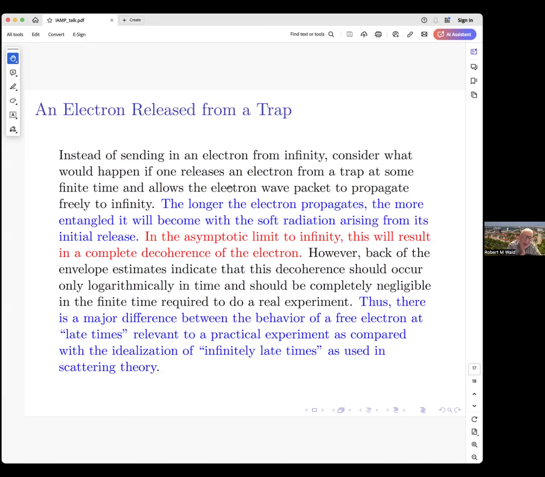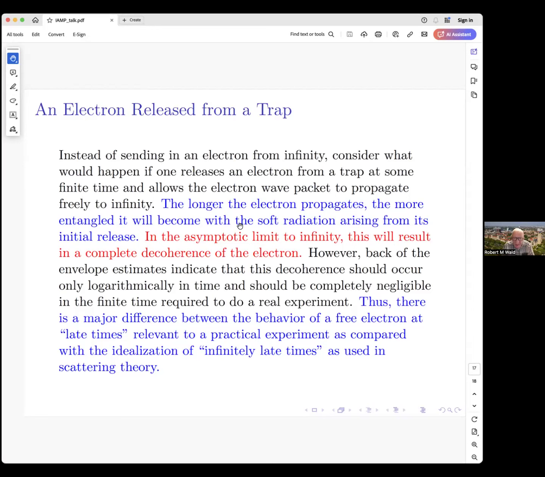Let's just think about what happens if we have an electron in a trap and we release it and allow it to propagate freely to infinity. Well, I claim what's going to happen is that this electron is going to decohere into momentum eigenstates. The longer it propagates, the more entangled it will become with soft radiation that is associated with its initial release.